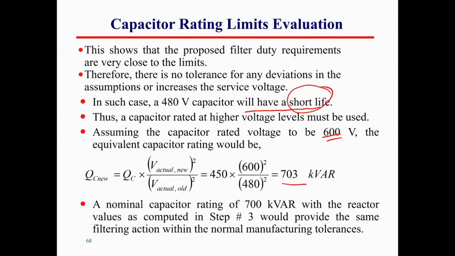A normal capacitor rating of 700 kvar with the reactor value as committed in step 3 would provide the same filtering action within the normal manufacturing tolerance. So now what we are saying is that we are going to choose a capacitor that will have a higher rating, since we choose a capacitor that will handle a voltage up to 600 volt.